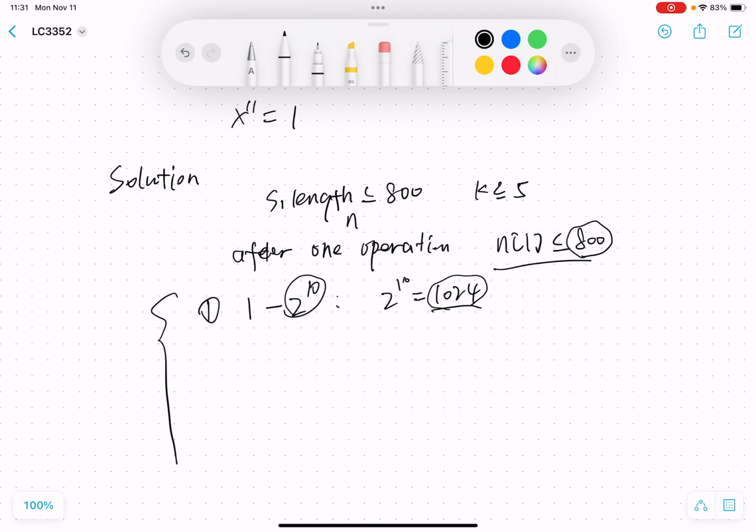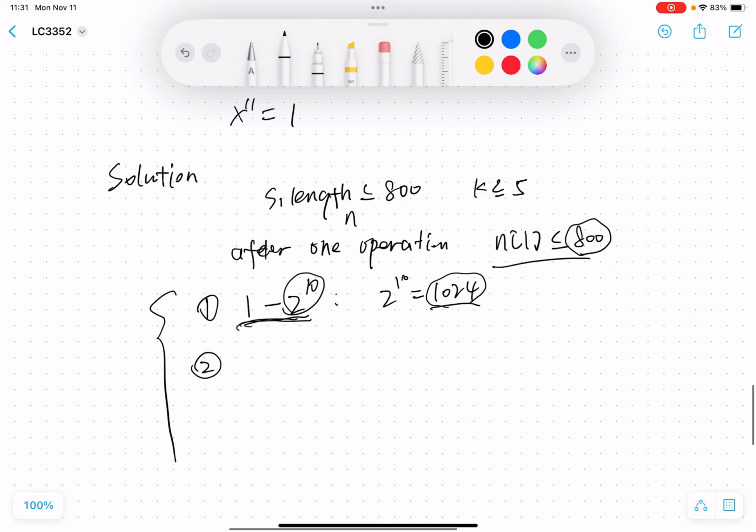So we can calculate this with the brute force method. We can check every value to see if it can meet the requirement. For every value, after we do one operation, we can transfer it into this interval. So it's very easy to solve the first part.